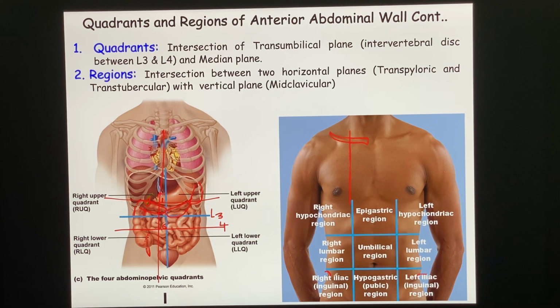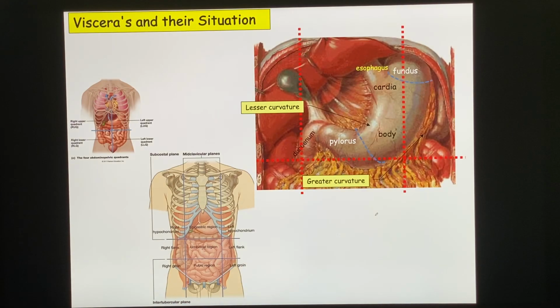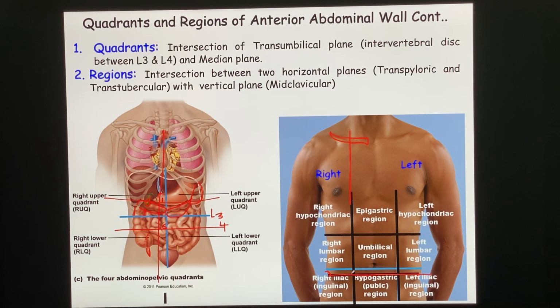If I draw a line here, that would be at the tubercle of the iliac crest. It has to be slightly lower than the umbilical region, this part. Now you can see, let's draw those lines. That's the midclavicular line, and then we have drawn one transpyloric, and then here is the transtubercular.